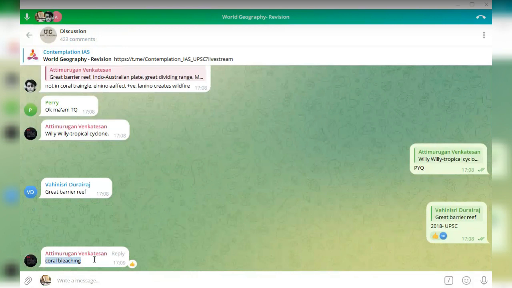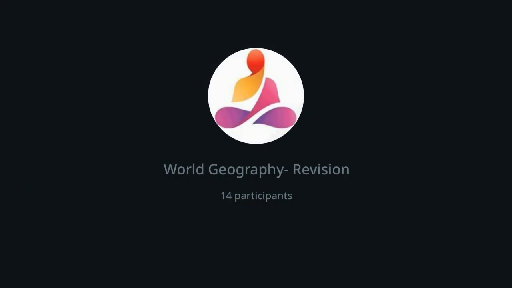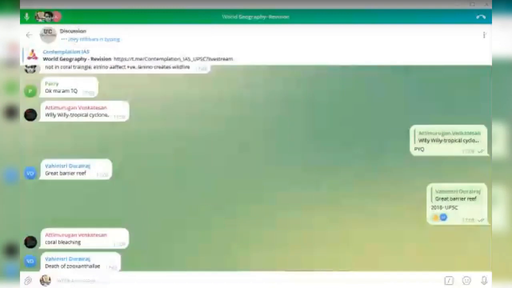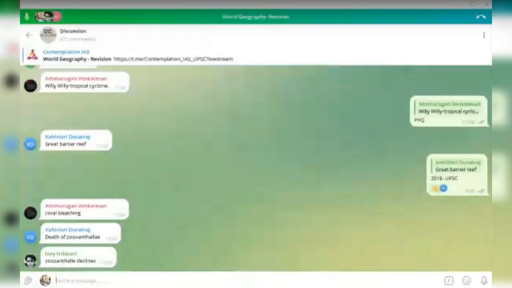Coral bleaching. Yeah, coral bleaching is the phenomenon where, what actually happens? Basically, corals start losing their colors. Yeah, they start washing off their colors.